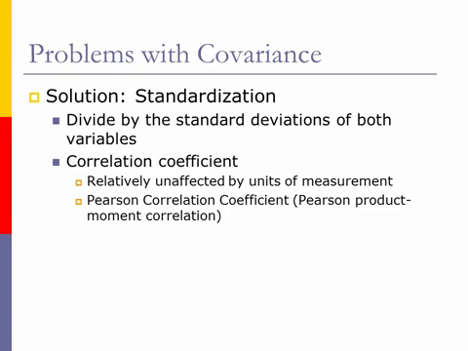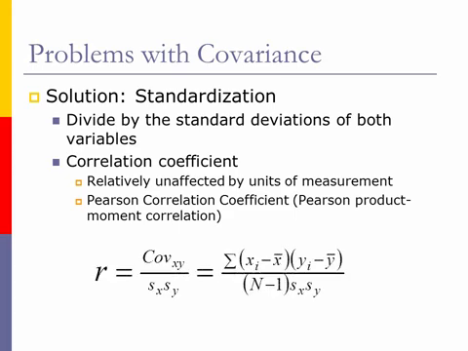Sometimes it has other names, but we're going to just refer to it as the Pearson correlation coefficient or just the correlation coefficient. And you can see here is the resulting answer, just the standard deviations for x and y on the bottom part in the denominator. Again, we don't need to know this equation, just wanted to show you where it is and why we have the difference and why we standardize things.